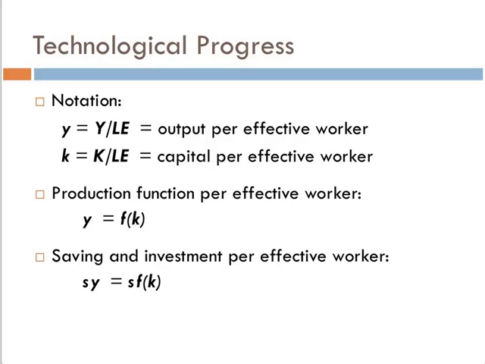Now the savings function becomes, well, guess what? Notationally, it looks exactly the same as it did in Chapter 7, right? Except we know underlying these there's a little y is big Y divided by L times E, and, well, little k is, well, big K divided by L times E, right? So we had that times E in there. But notationally, by the time we get it all said and done, it looks the same. So don't let this be too confusing.